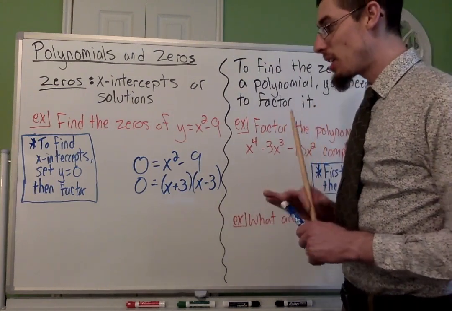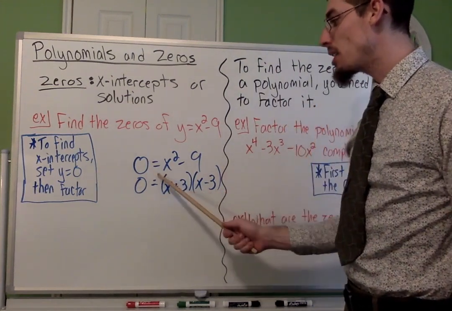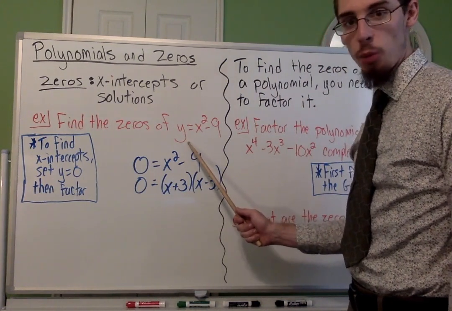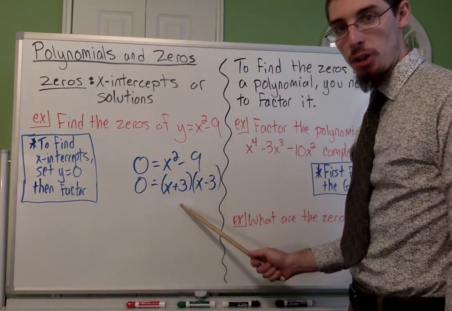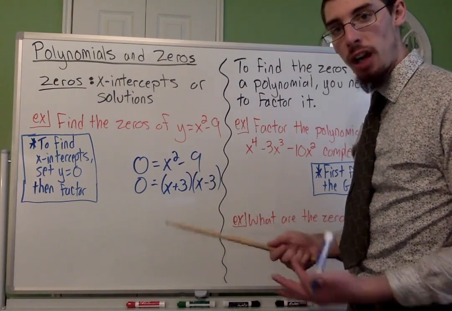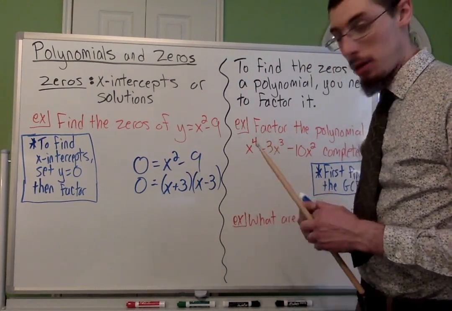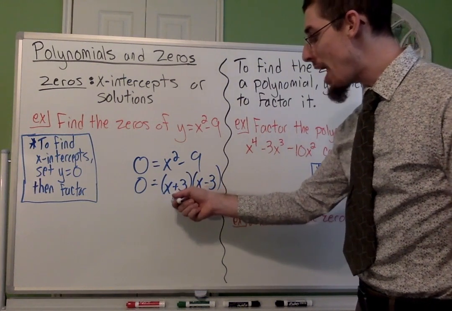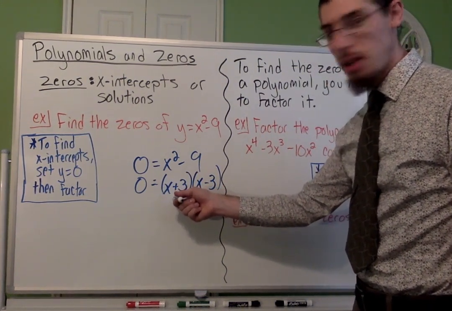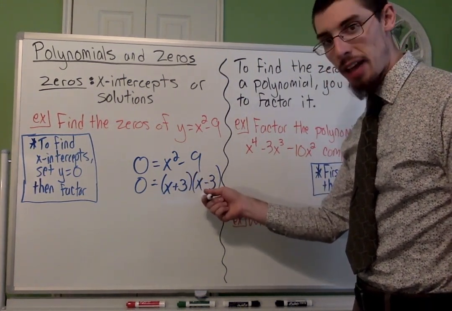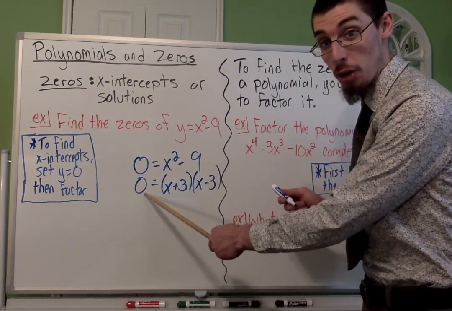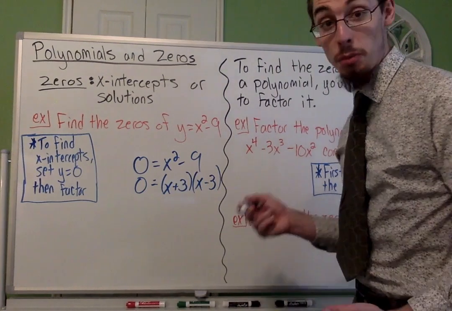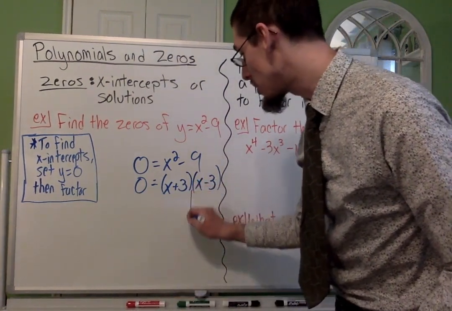Once I've gotten to here, so I set the y equal to 0, right? I changed the y with a 0. And I then factored the polynomial. So how do I solve it from there? Remember, if you have x plus 3 times x minus 3, and the result of that is 0, well, that must mean one of two things.